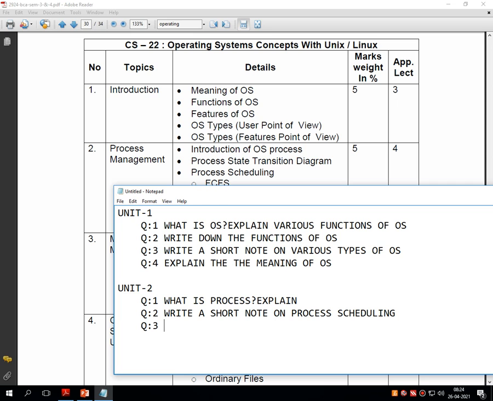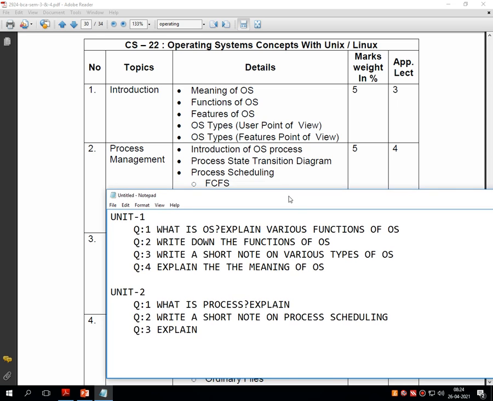Question number 3. Explain FCFS algorithm in detail.